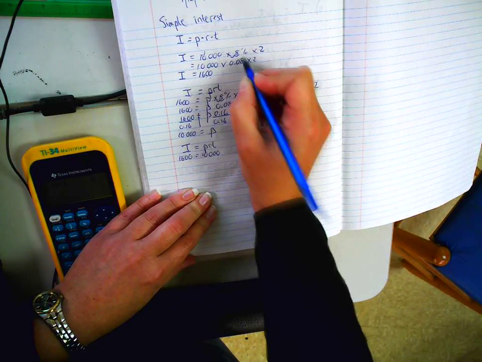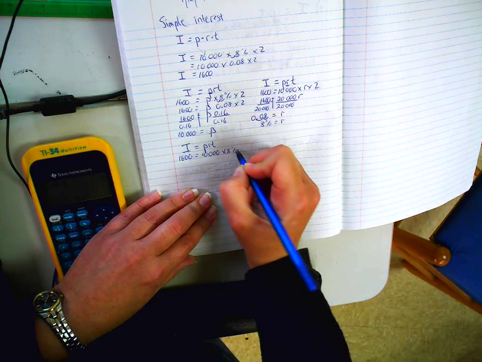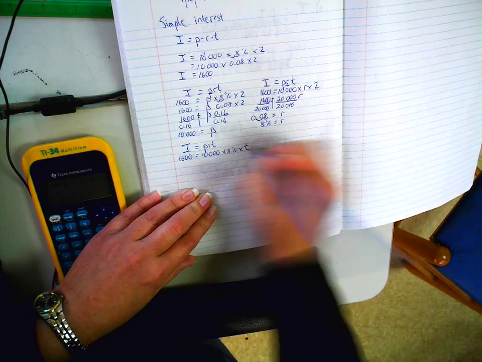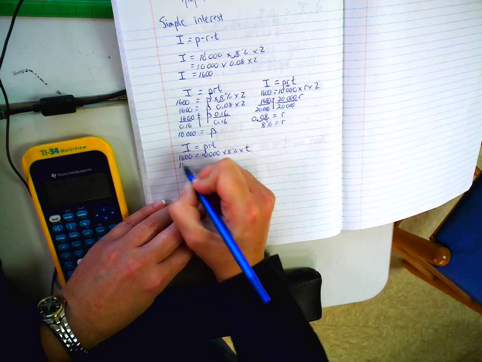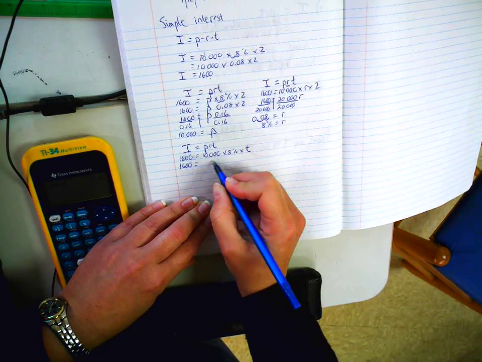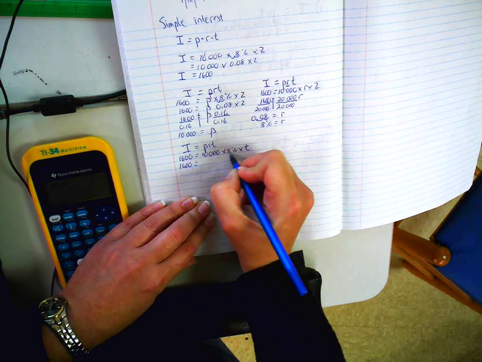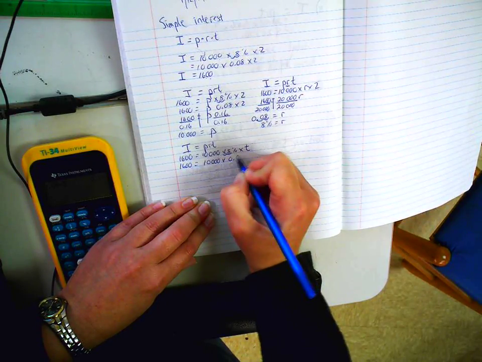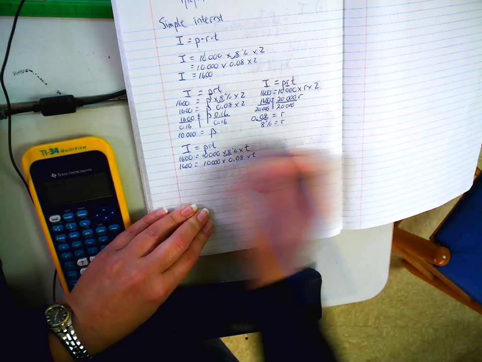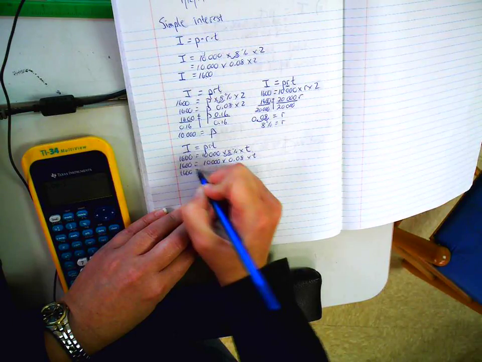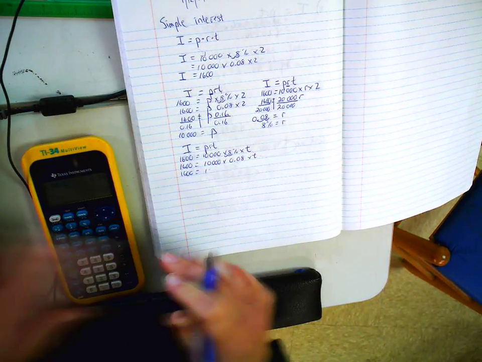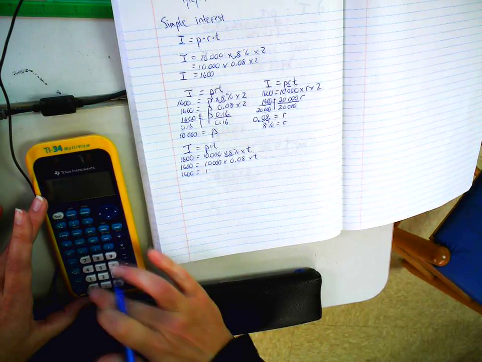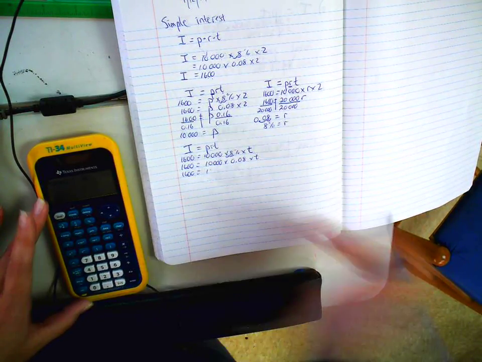We have the rate, it's 8%, but we don't have the time, so T stays T. Now I just work it out. 10,000 times 8%, so it's 10,000 times 0.08 times T, and 10,000 times 0.08 is 800.